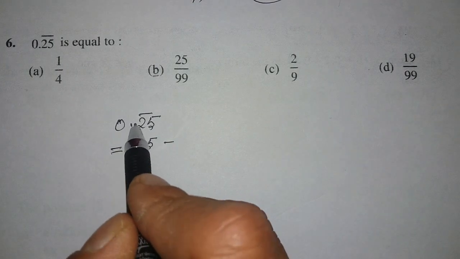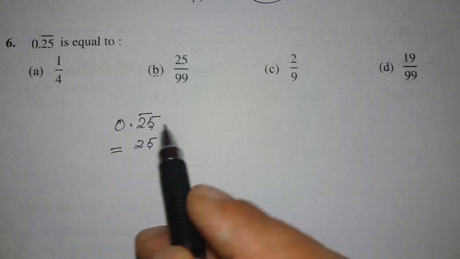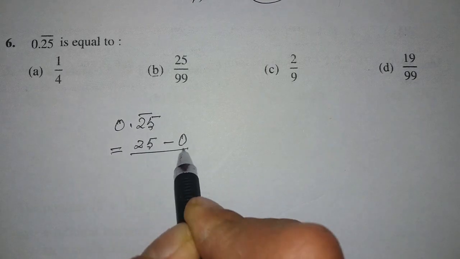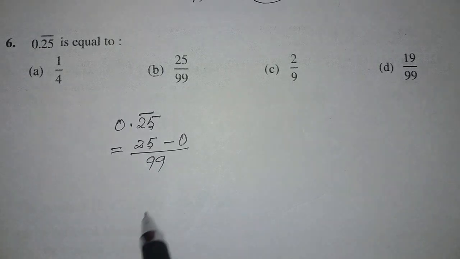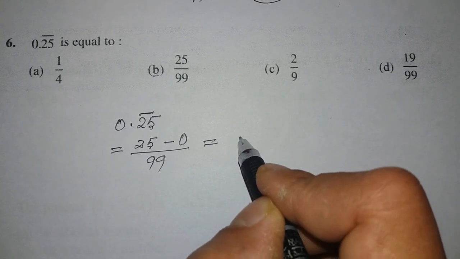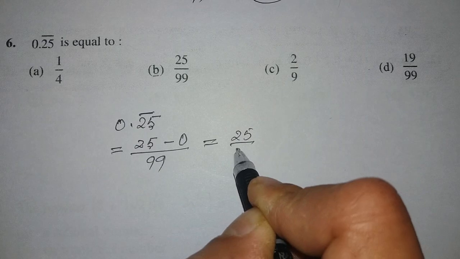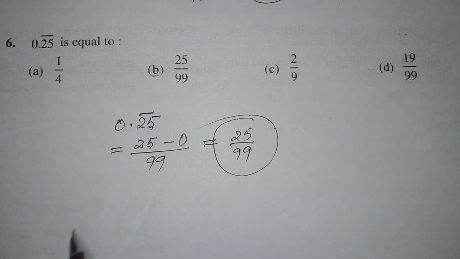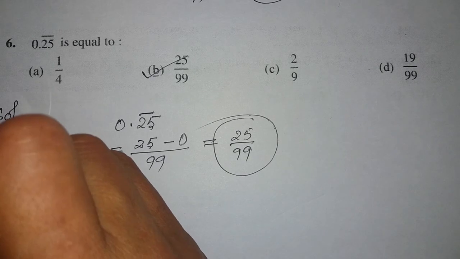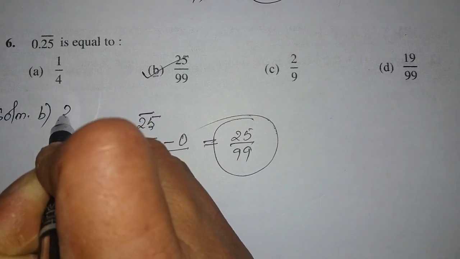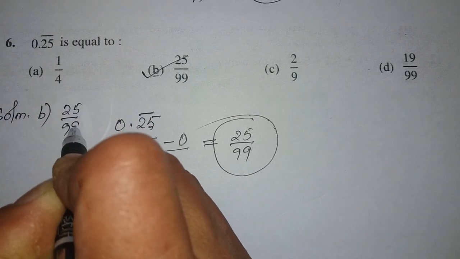Minus. Now the digit which is not under the bar is 0. So you can write here 0. And there are 2 digits below the bar. So you're going to write 2 nines. Now 25 minus 0 is 25 and 99. So this is our answer. So this is the right option, B, 25 by 99.